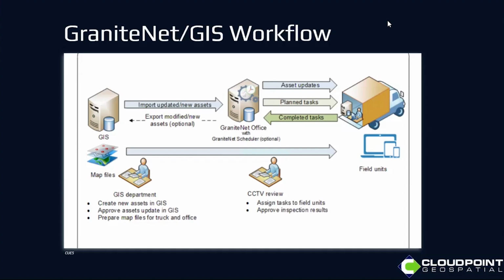And then that data can be reviewed. Data is then passed back to the GraniteNet office computer, and then it goes back to the camera truck. So this is run with a scheduler option, and it's completed on a daily basis.